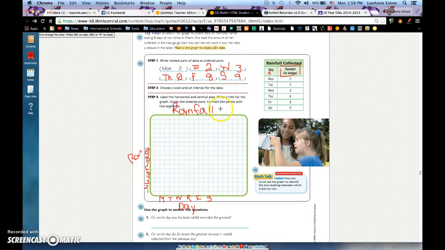All right, so rainfall collected, you would keep doing it. And then we just graph our ordered pairs like we've done before. So go ahead and graph your ordered pairs. I'll graph them up here. Check your work. Mr. Will come around.